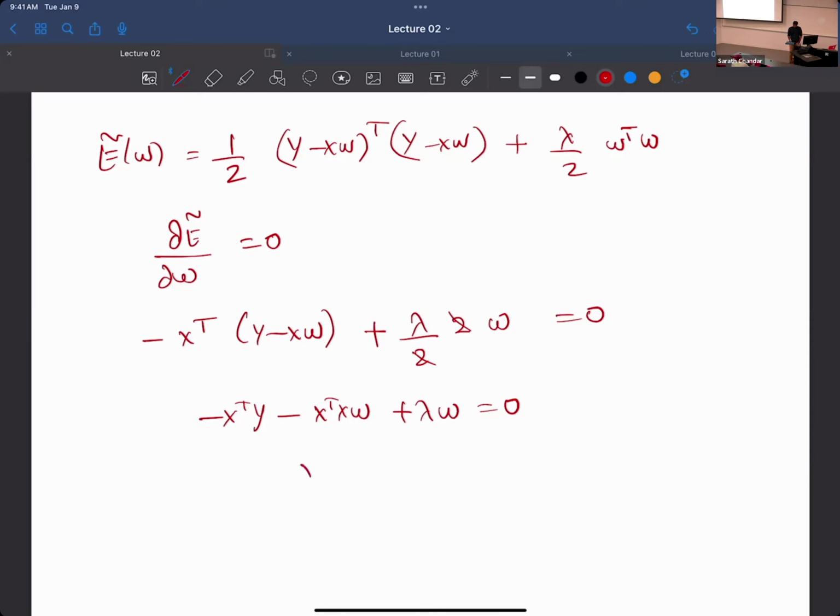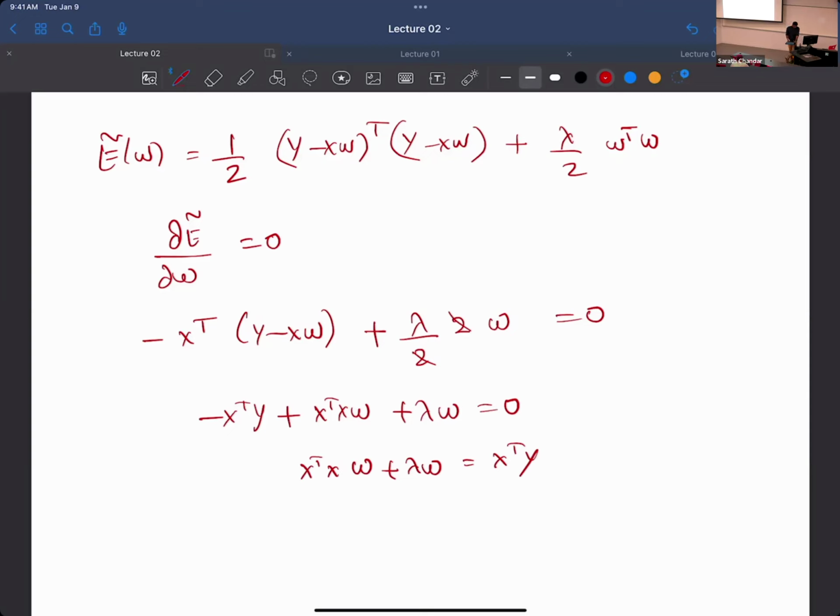So X transpose Xw plus lambda w is equal to X transpose y. Is that a mistake? Plus, it's transpose. Oh, okay, sorry.